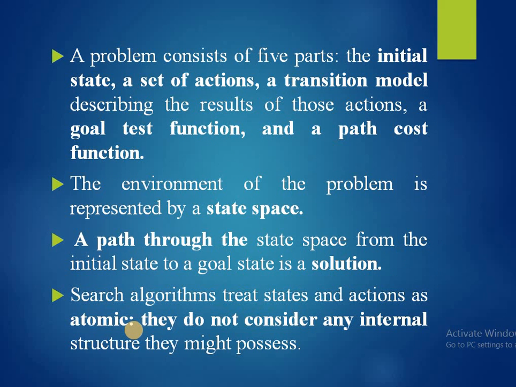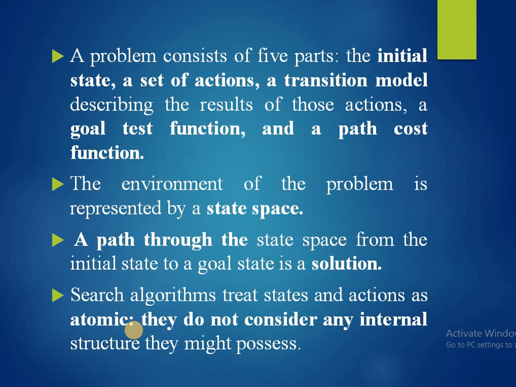A problem consists of 5 parts: the initial state, a set of actions, a transition model describing the results of those actions, a goal test function, and a path cost function. The environment of the problem is represented by a state space. A path through the state space from the initial state to a goal state is a solution.